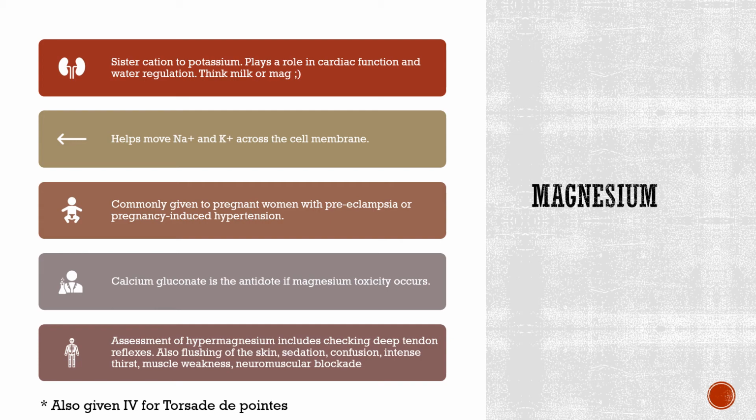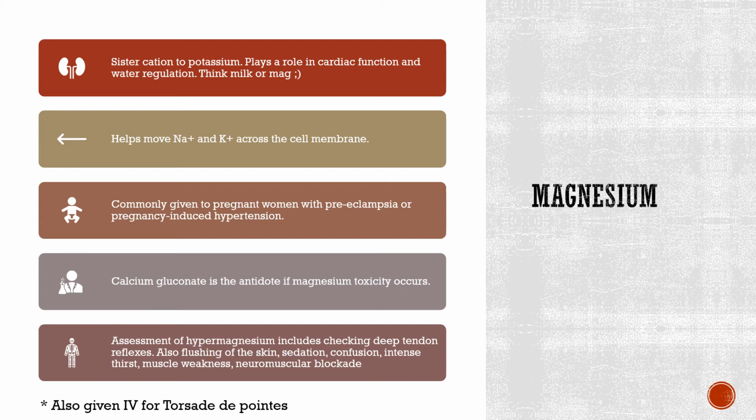It also is given for women that go into like preterm labor to help stop the uterine contractions. It also can be used as an anti-seizure medication, especially if the seizure is induced by a magnesium deficient state.